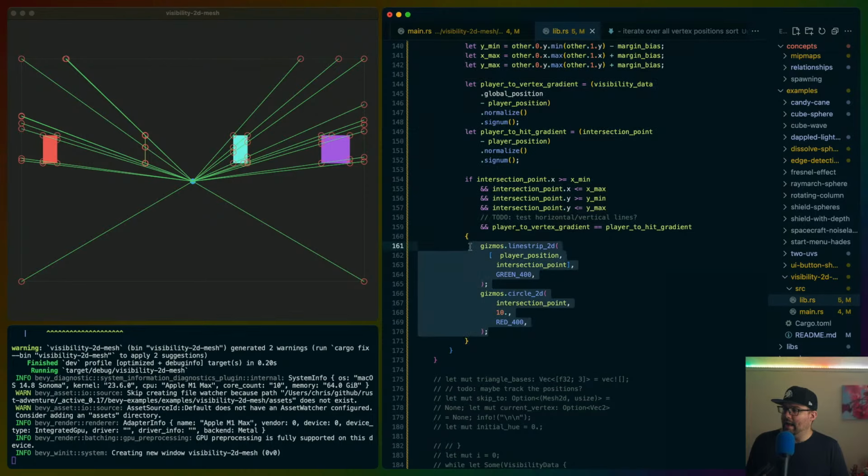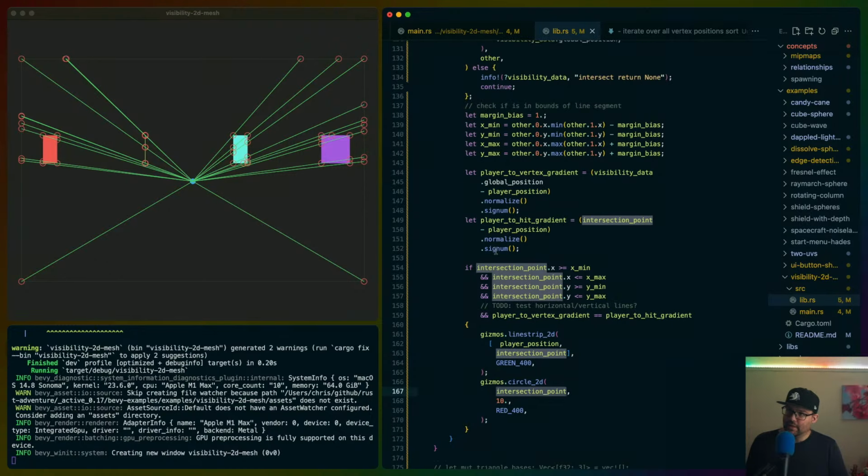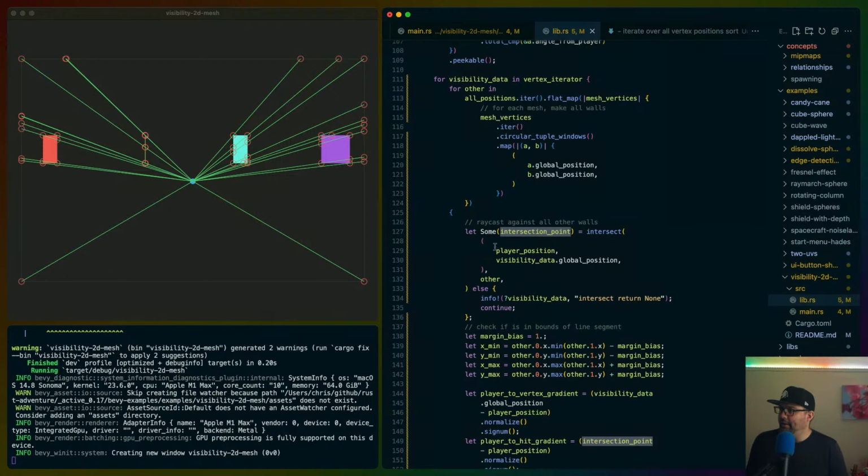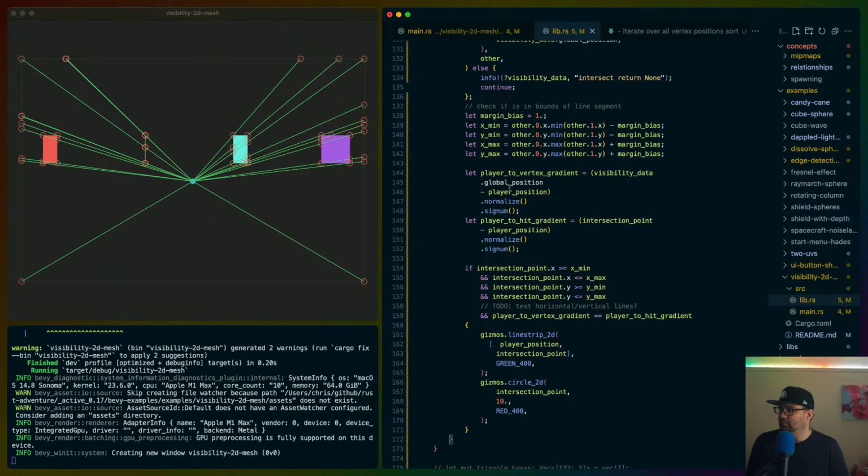And now we have our line strip and the hit. So these intersection points are all of the intersection points on the ray that we will end up using. So we need to return those, right? That's the only thing this whole calculation is doing.